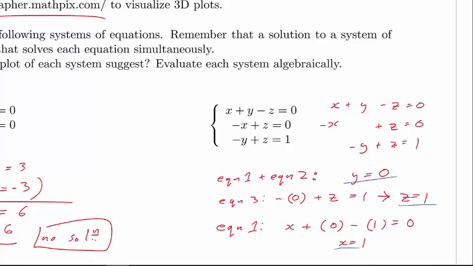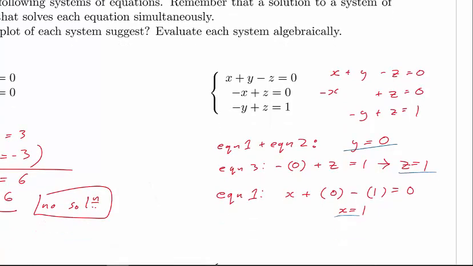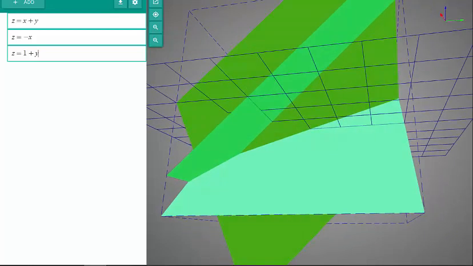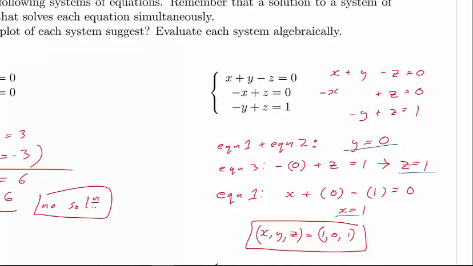Okay, so there we are. We've got our x, y, and z values. We have our ordered group of x, y, and z, and that's going to be 1, 0, and 1. Okay, so that was that coordinate that we saw where all the three planes intersected back in our graph over here. 1, 0, 1. That is that point right there that you see.